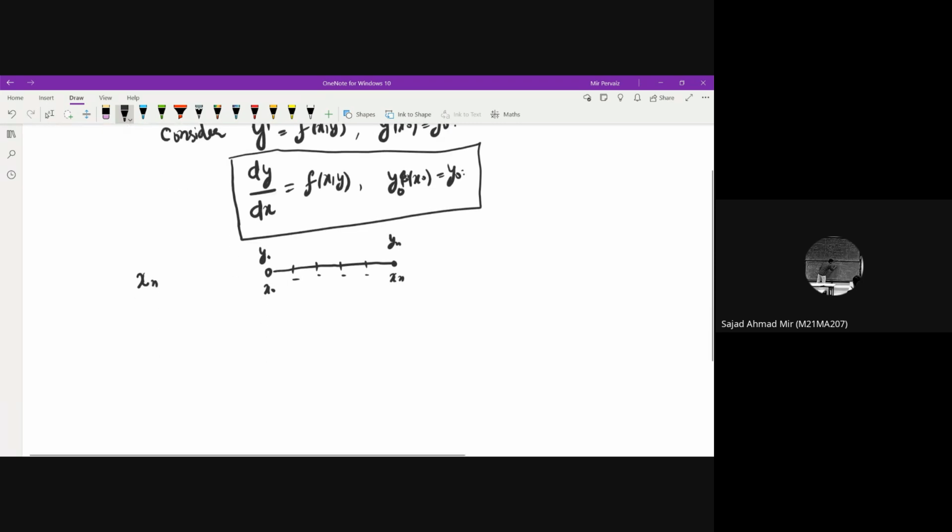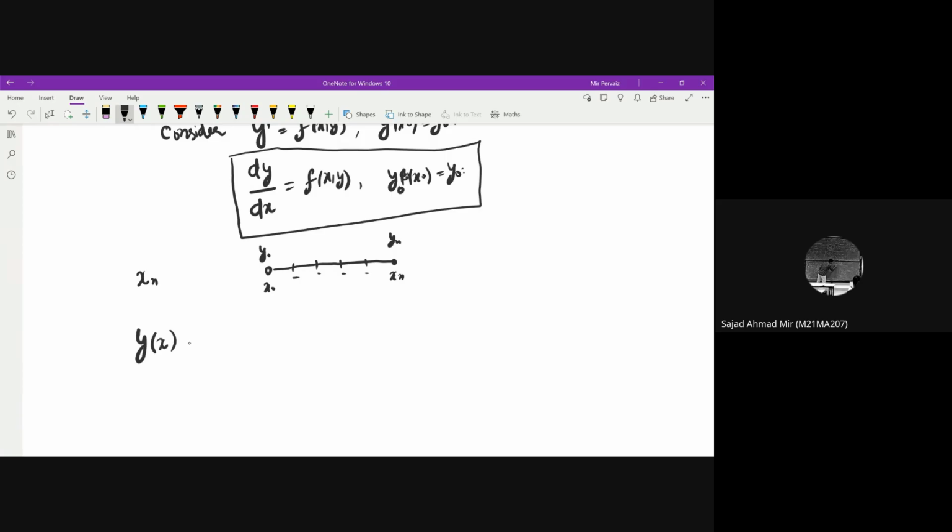So if we go for the Taylor series approximation of our original function y, let's say y is my original function, I will look at its value at that point, that's y at x0, plus (x minus x0) times y dash at the point x0 divided by 1 factorial, plus (x minus x0) whole square by 2 factorial times y double dash at the point x0, plus so on.